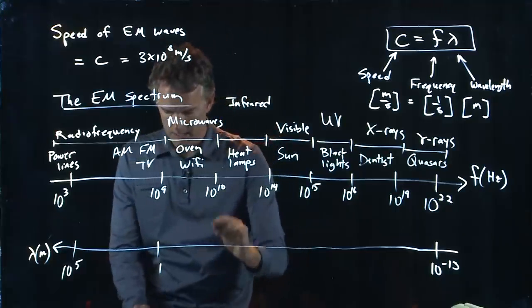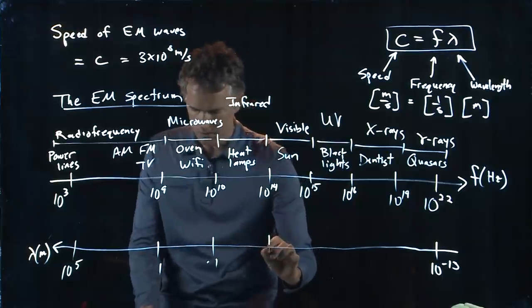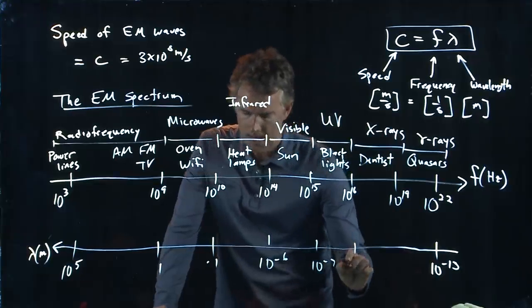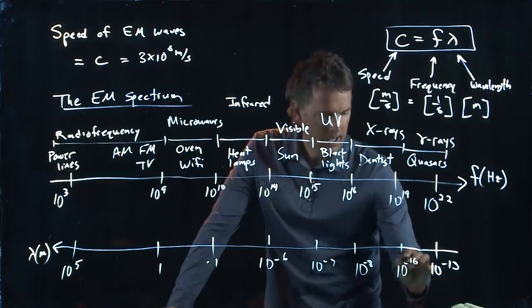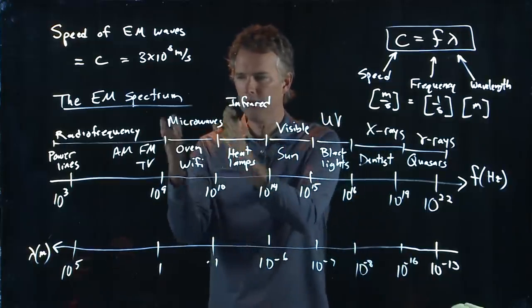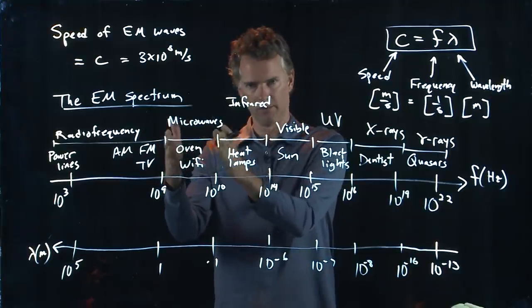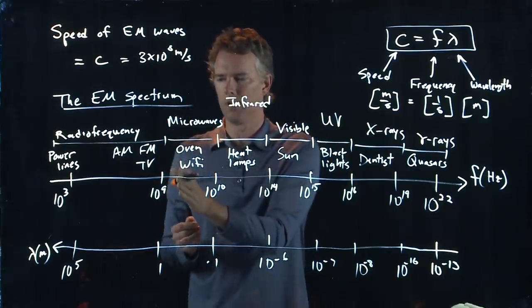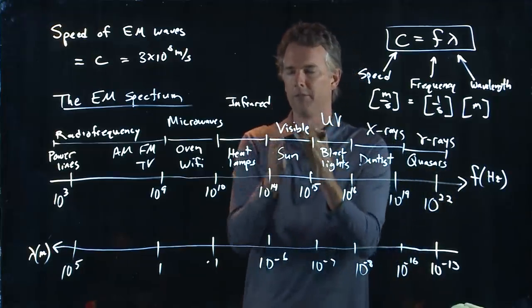And on the scale here, 10 to the 10 corresponds to about 0.1, and then we get to 10 to the minus 6 up here, and 10 to the minus 7, and 10 to the minus 8, and 10 to the minus 10, and so on. Okay, these numbers aren't going to match up exactly. And in fact, these divisions are not precise. Okay, they just say this region is microwaves. But nobody says this is the hard cutoff for the microwaves on the right side and the left side. Okay, these are general regions, except with regards to visible.